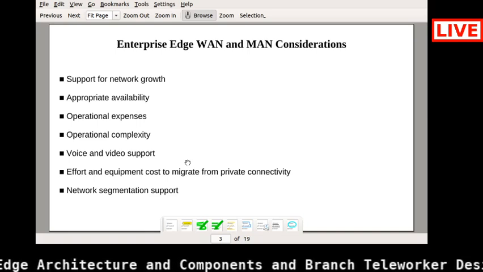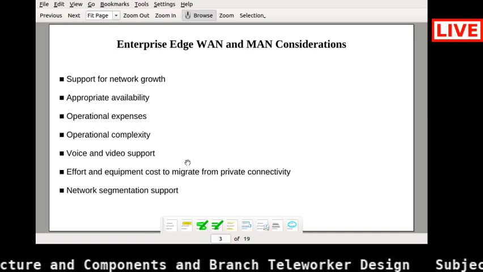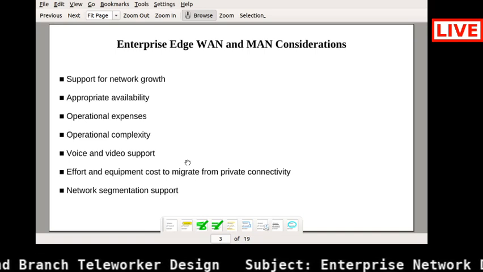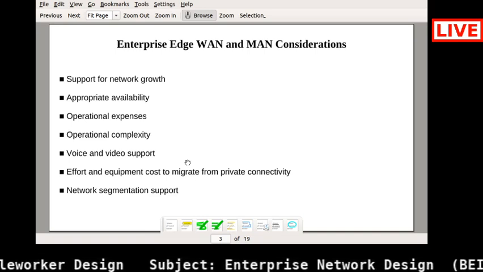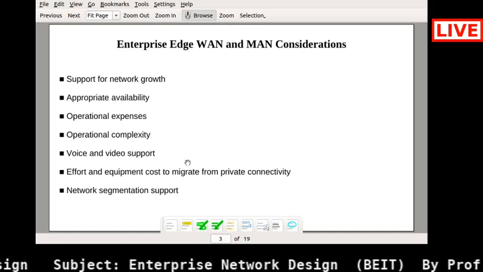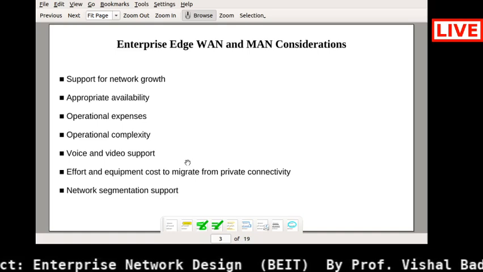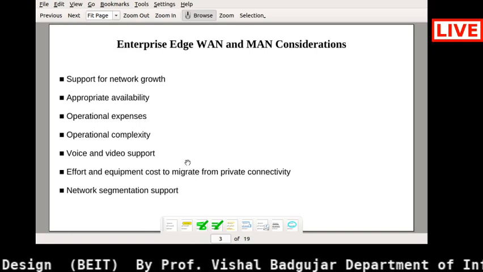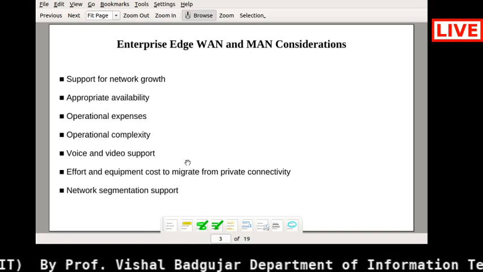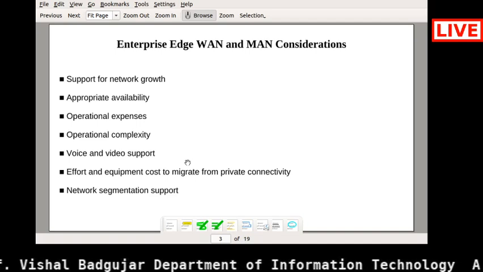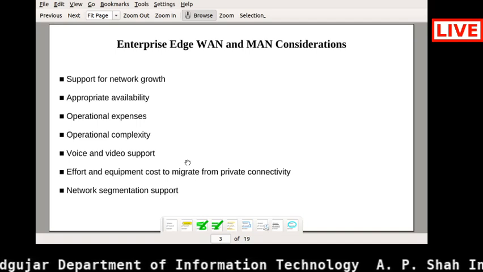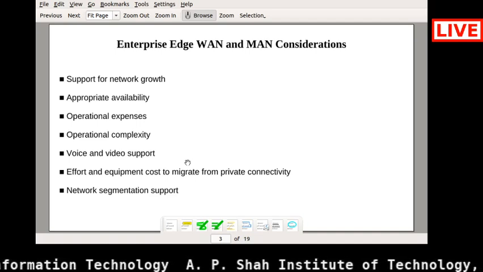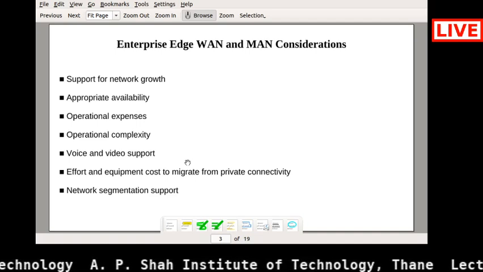Because when you are thinking about migration, you need to check what the cost is when I migrate from one technology to another, what different benefits I am going to get, and what the cost is for that. The cost is very crucial when we are talking about migration.